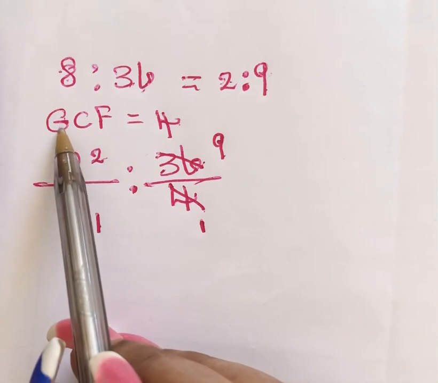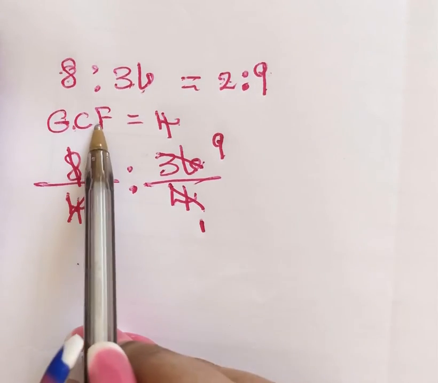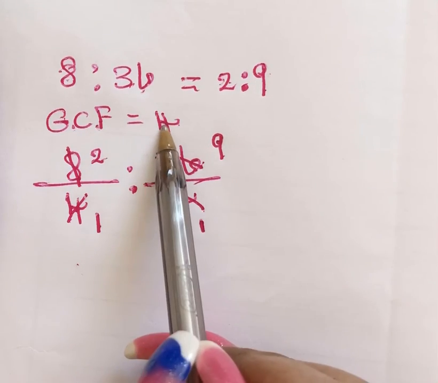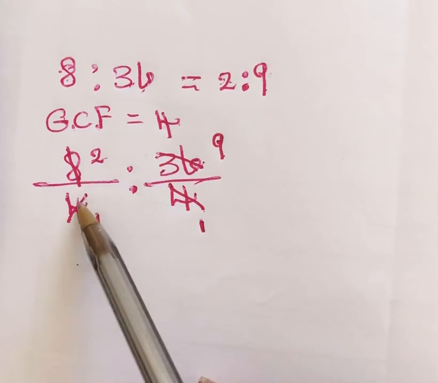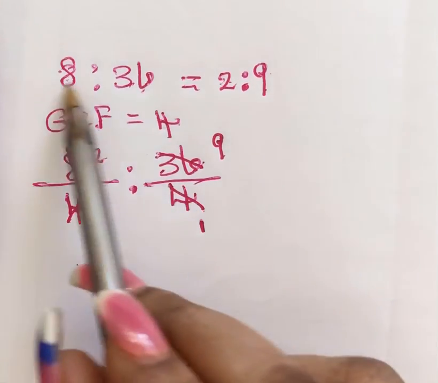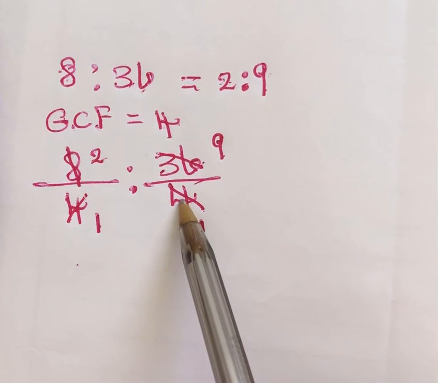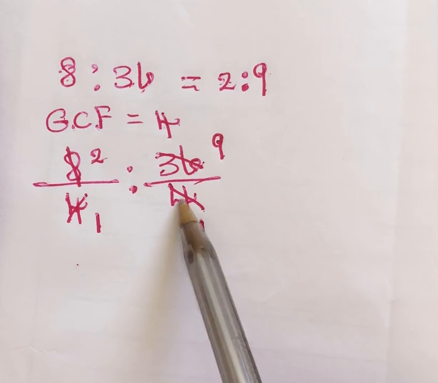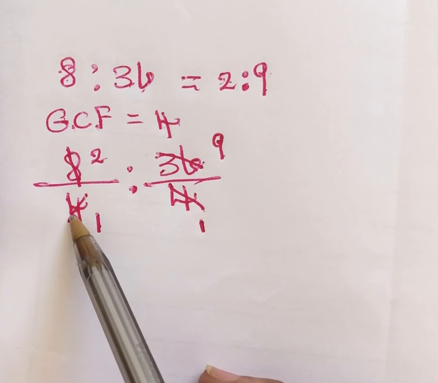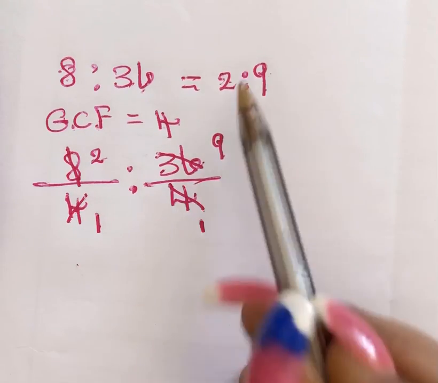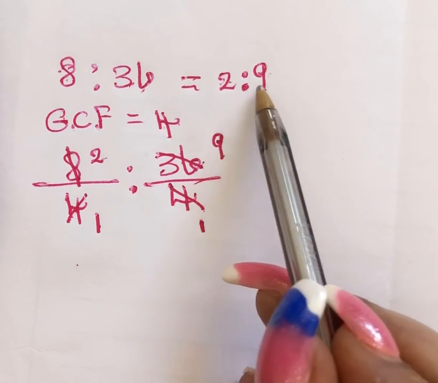That is why I use my greatest common factor as 4. I then divide each of the parts of my ratio by the greatest common factor. Once I divide correctly, I will get my answer, which is 2 to 9.